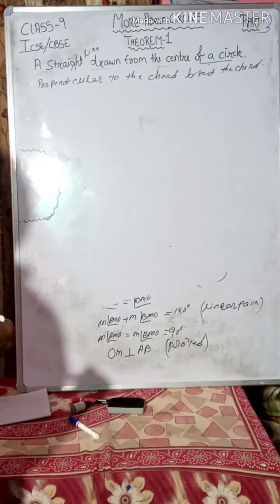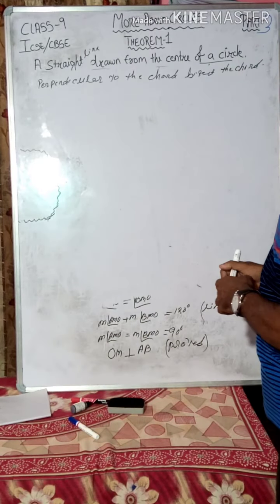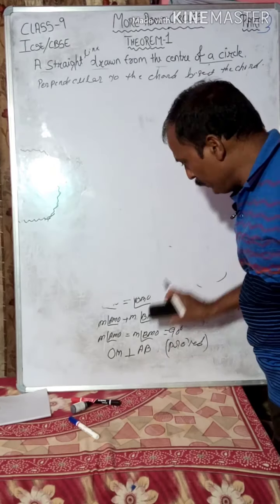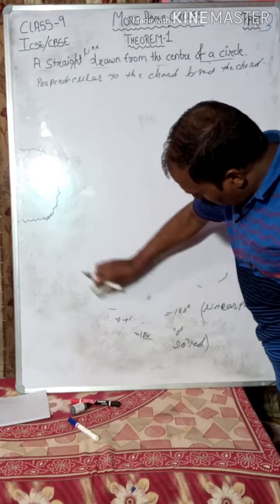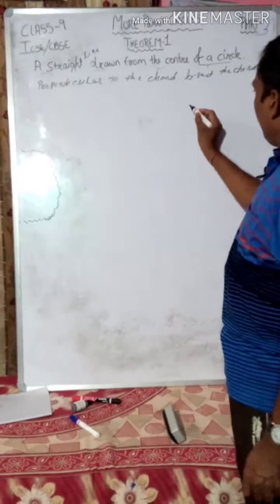This much. The straight line drawn from the center of a circle perpendicular to the chord bisects the chord. Now you can prove it in your own language.